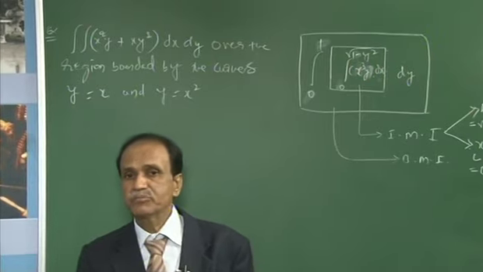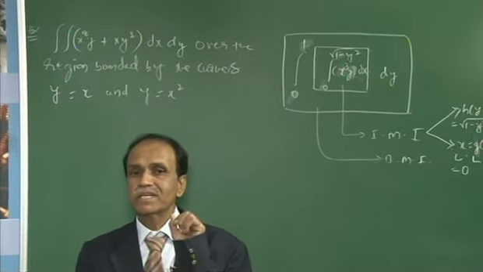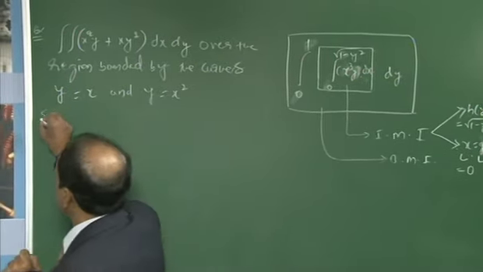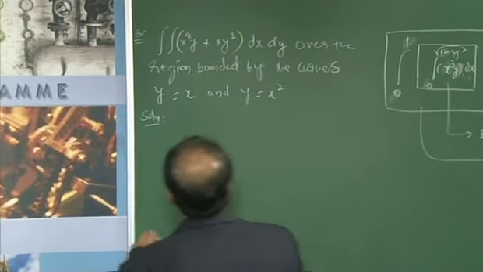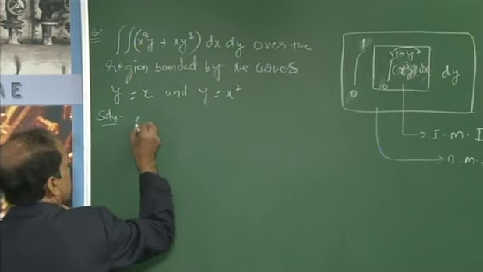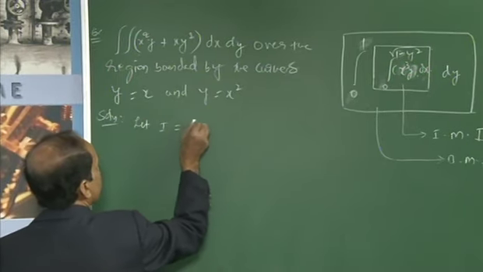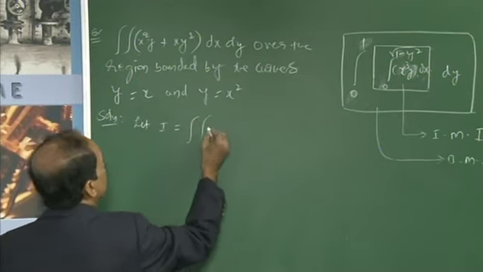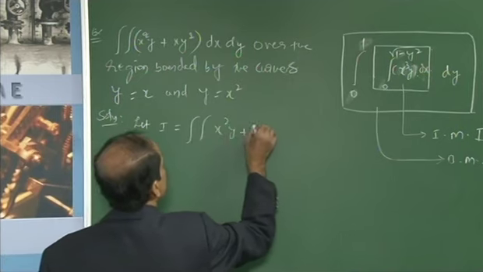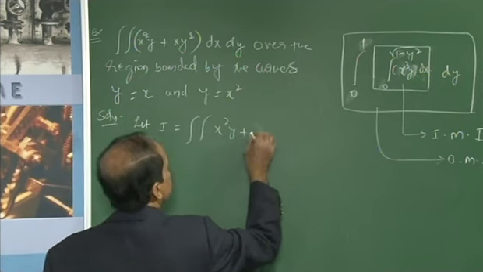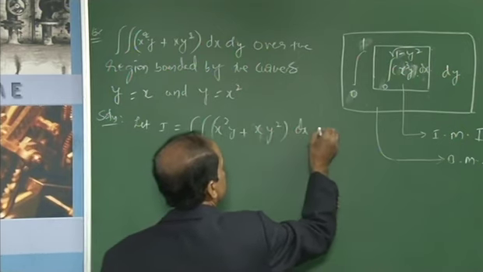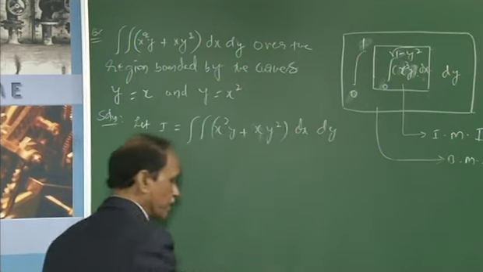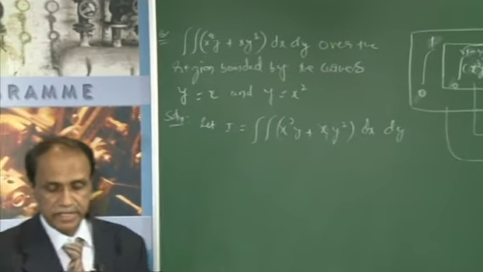You have to assign proper limits looking at the given statement. Let me mention I equal to double integration of x square y plus x into y square, dx first and then dy.